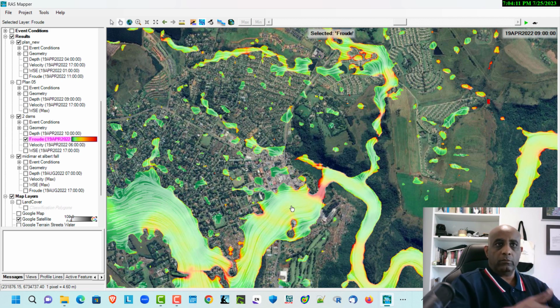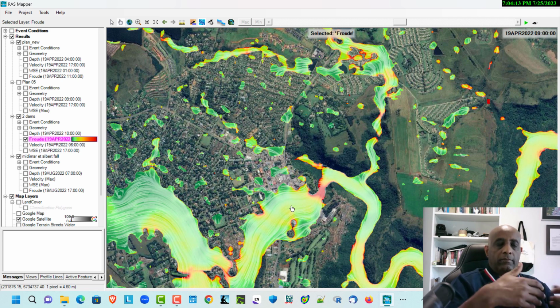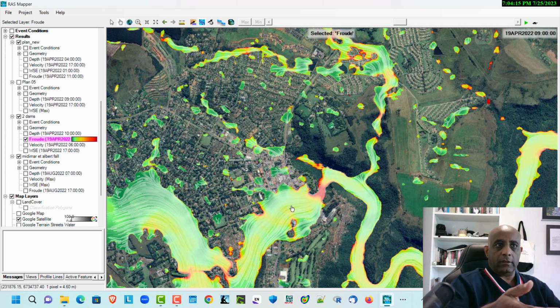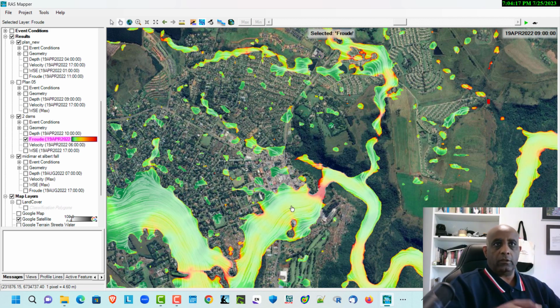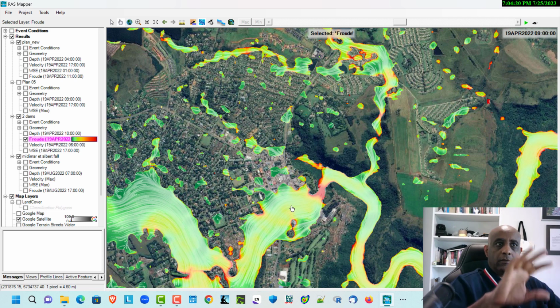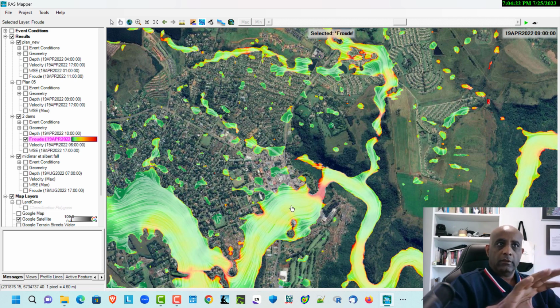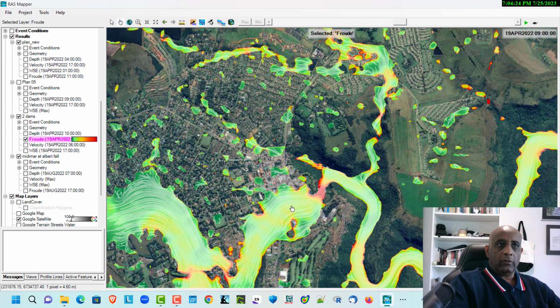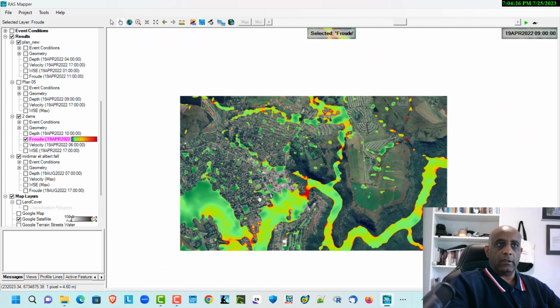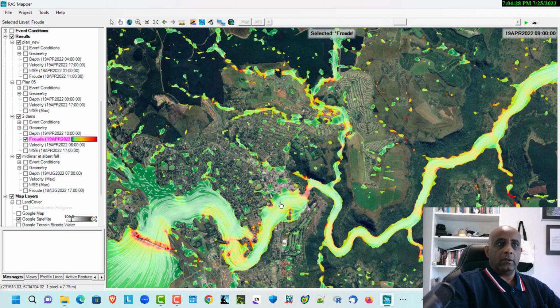That is the mechanism by which the water releases its energy, and it continues flowing gently, subcritical flow. So this is the indication that HEC-RAS is working well.